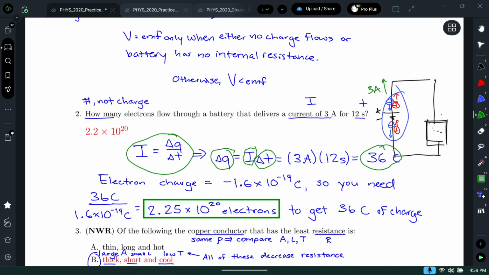So I get 36 coulombs flow through this circuit in 12 seconds. And then it's a question of how many electrons go into that charge. How many piles of sand can you put into a big pile of sand if you can only pick them up in little handfuls at a time? You just divide out. You see how many times I can fit the electron charge into the big charge. And that's how I get that number right there.